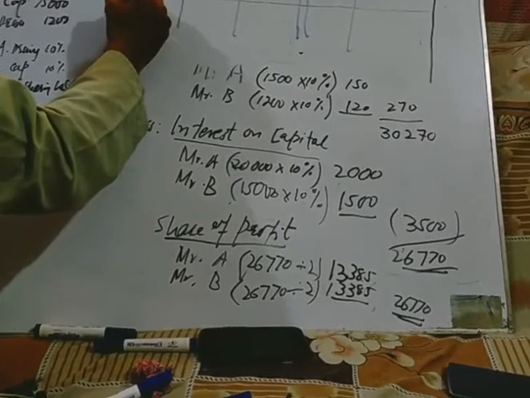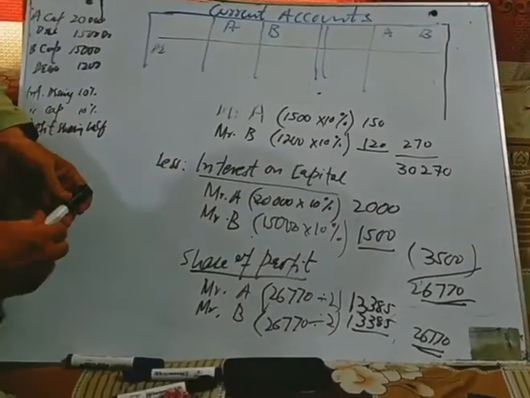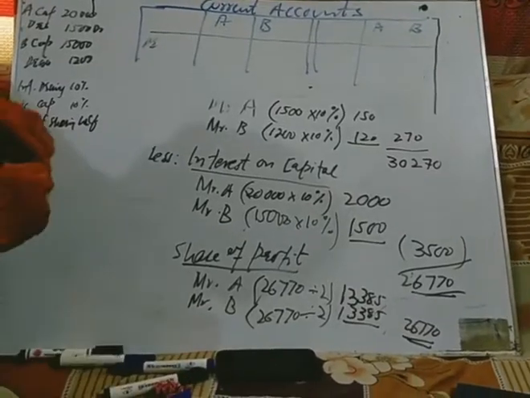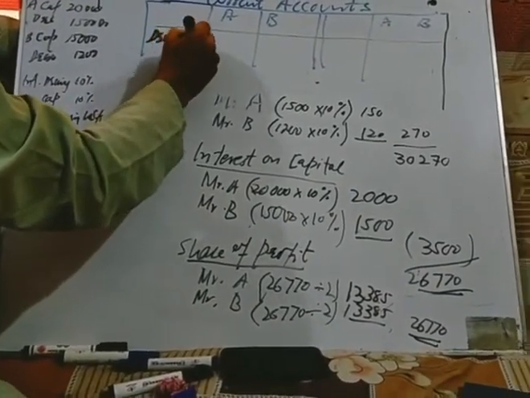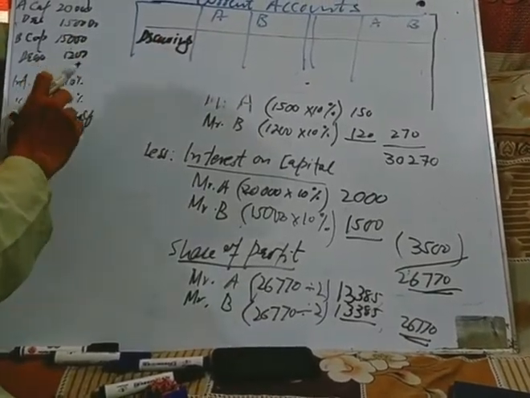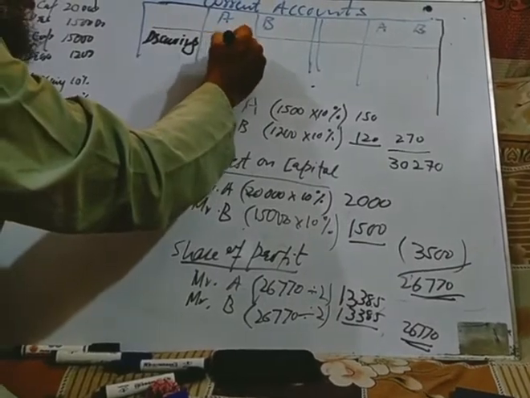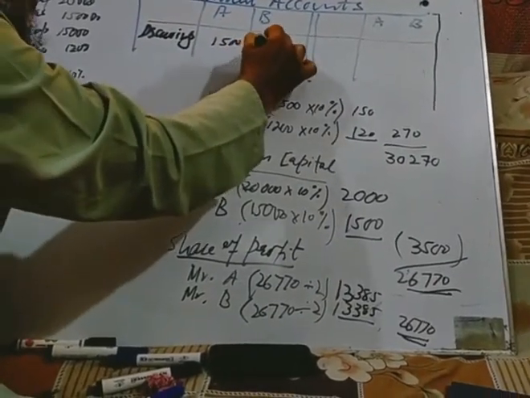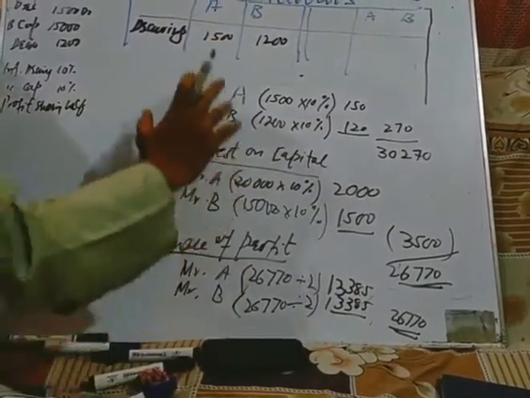Drawings are in the debit side of the current account. So here we write first what was the balance of drawings. For A it was 1500 and B was 1200. This is taken from the information.